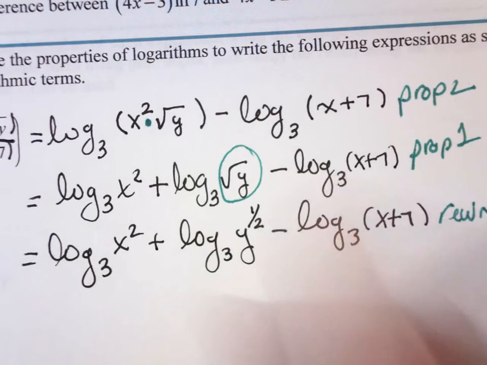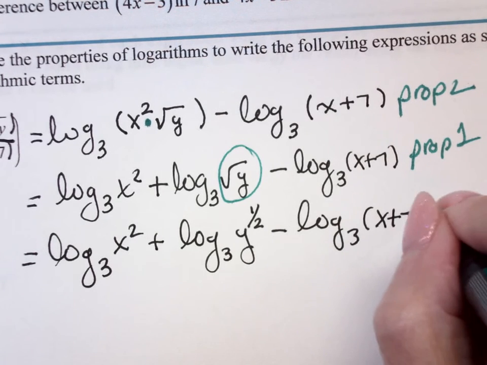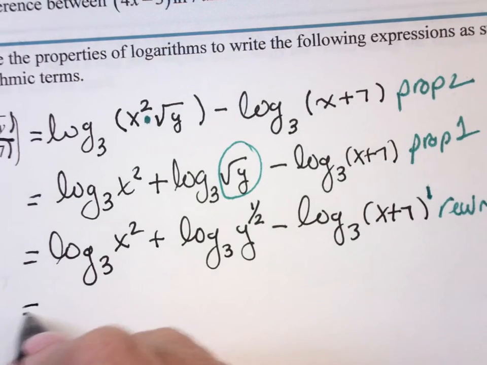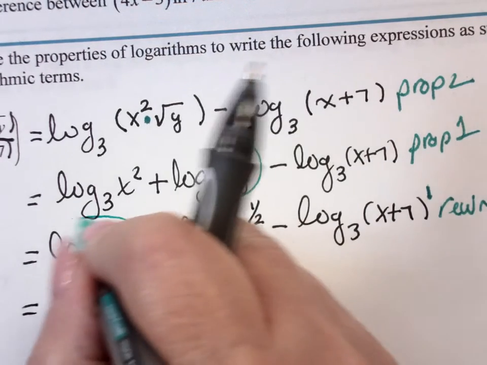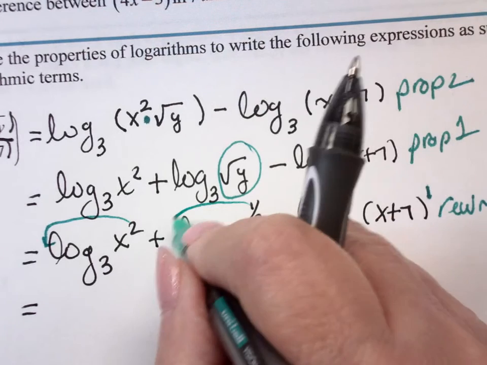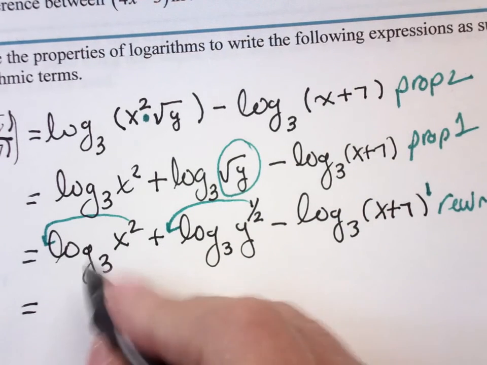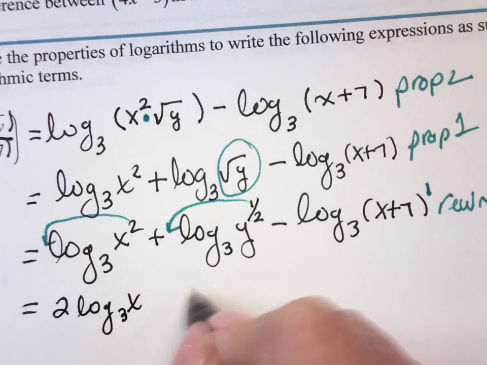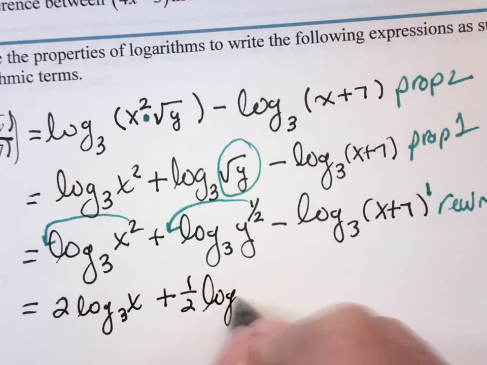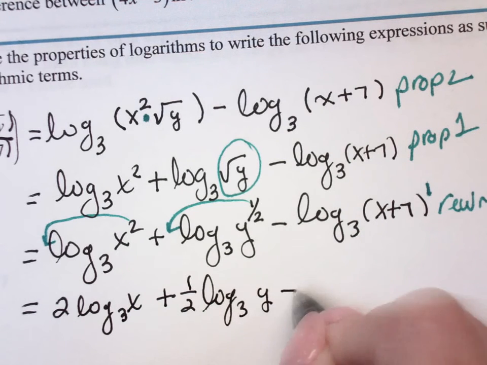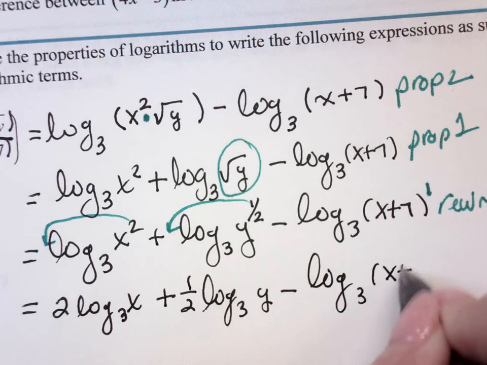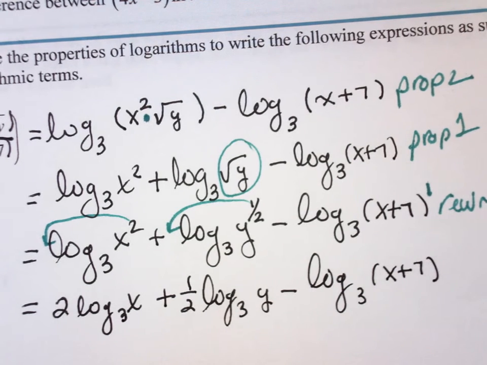Now anybody with an exponent of 1 is done, but I can bring all the exponents down in front. So this is 2 log base 3 of x plus 1/2 log base 3 of y minus log base 3 of x plus 7. And this is property 3.